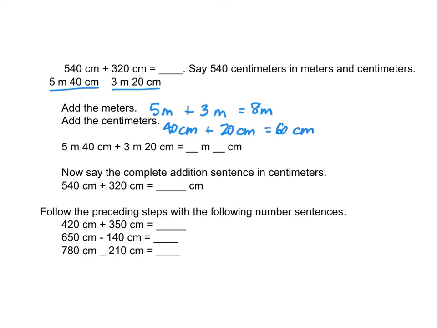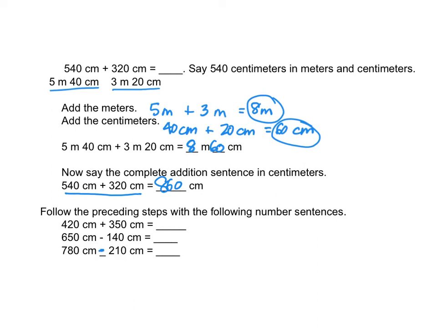So if we're going to write that down, 5 meters, 40 centimeters plus 3 meters, 20 centimeters equals 8 meters, 60 centimeters. Now you're going to say the complete thing. We're going to go back to where we started with all in centimeters, and give our answer. So 540 centimeters plus 320 centimeters equals 860 centimeters.